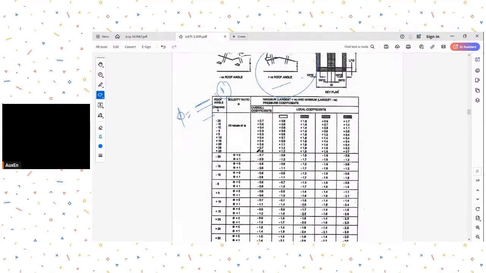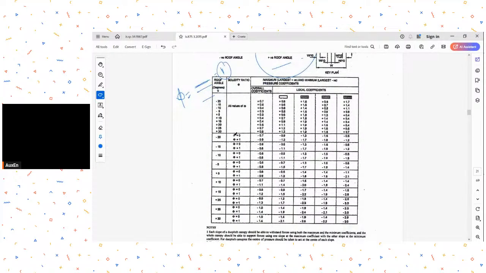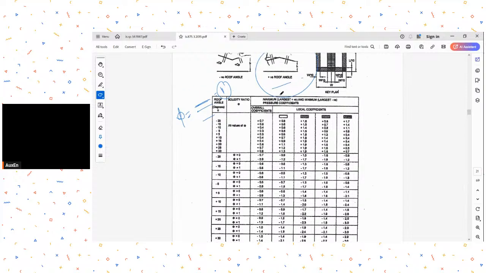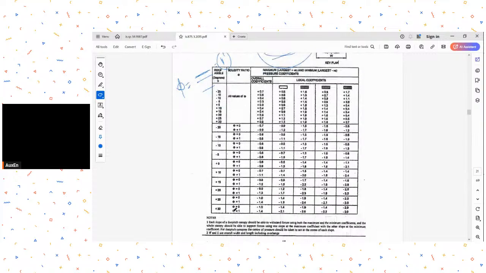Now whatever is your roof angle, again it will be difficult to define a roof angle, but with any horizontal plane, you just find out the roof angle, and as per the roof angle, you decide your coefficient. So we will have to go with a positive roof angle. And whatever is your roof angle, phi is 1. So accordingly you will calculate the coefficient.